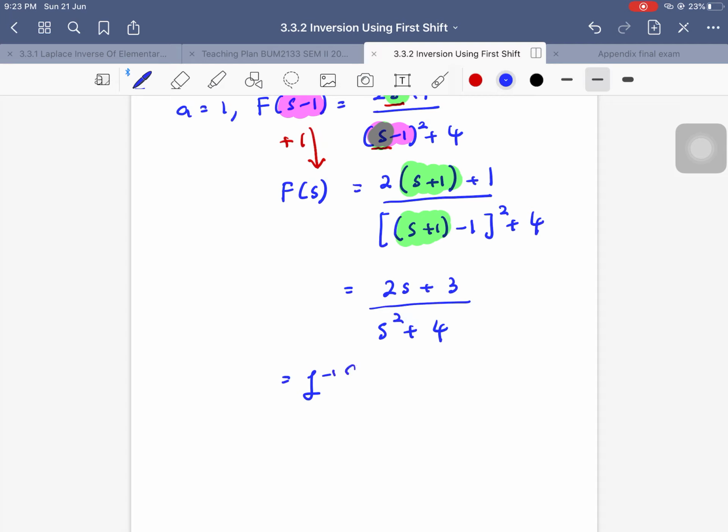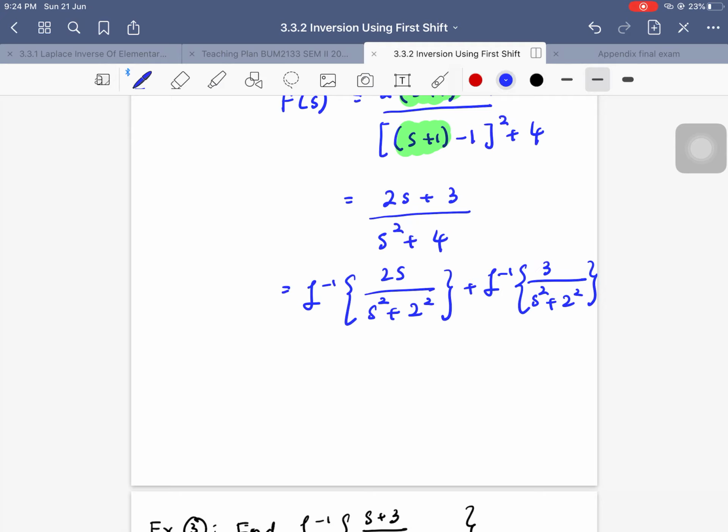This is going to be the Laplace inverse of 2s over s squared plus 2 squared. That's our cosine function. And the other one is the Laplace inverse of 3 over s squared plus 2 squared, which will be converted to a sine. However, the 2 we can actually bring out. Remember, linearity theorem. When I bring that out using the table, I am going to end up with 2 cos of 2t, because my a value is equal to 2.